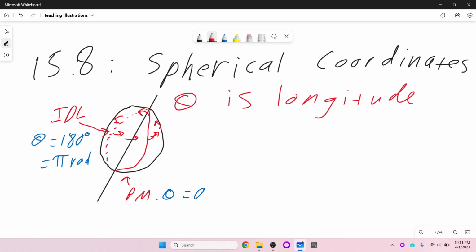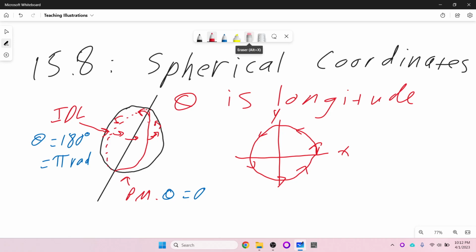Because if you could just look straight from above and you would just see the equator, it would look like this. So in the xy plane, theta is the same theta we've been dealing with this whole time. It is the distance around the unit circle. It's just now we're saying it doesn't have to be flat on the ground. Well, I guess we've said that all along. It's kind of like with cylinders, but we're going around in that counterclockwise direction.